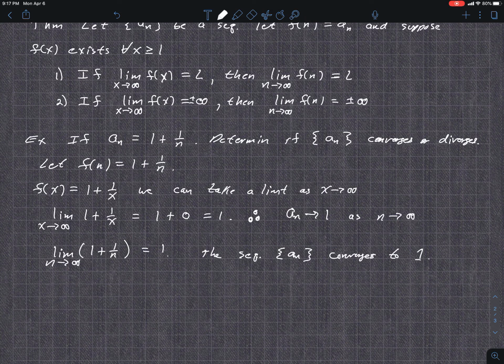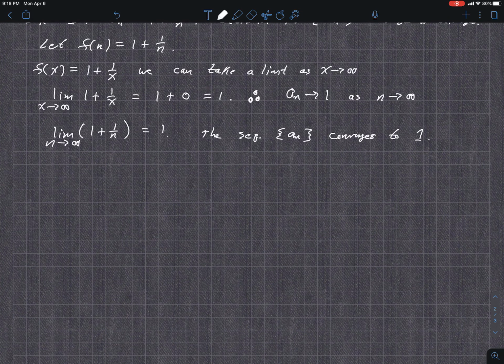Okay. Let us continue. Let's talk about monotonic. So, some more definitions. We're going to define a monotonic sequence.